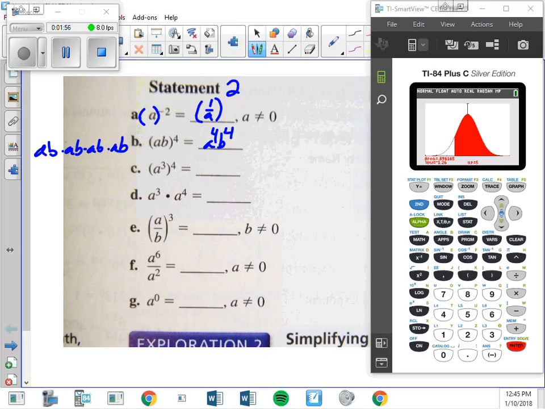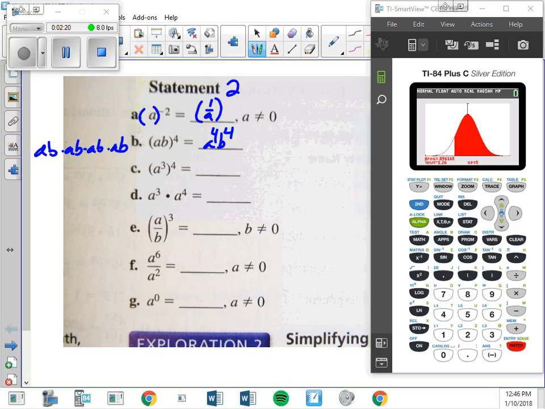All right. C. What is A to the 3rd to the 4th? Well, let's think about it. What does the 4th power mean? You write it 4 times in multiplication form. What does 3rd power mean?